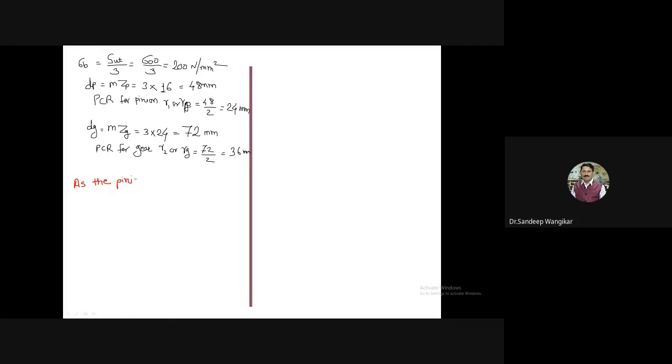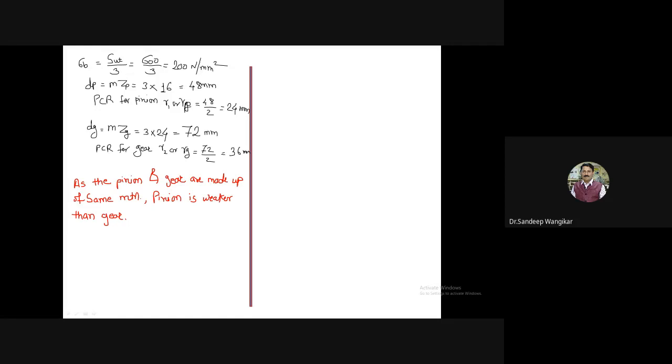As the pinion and gear are made up of same material, pinion is weaker than gear. Hereafter, everything we can use pinion as the criterion for design. No problem.